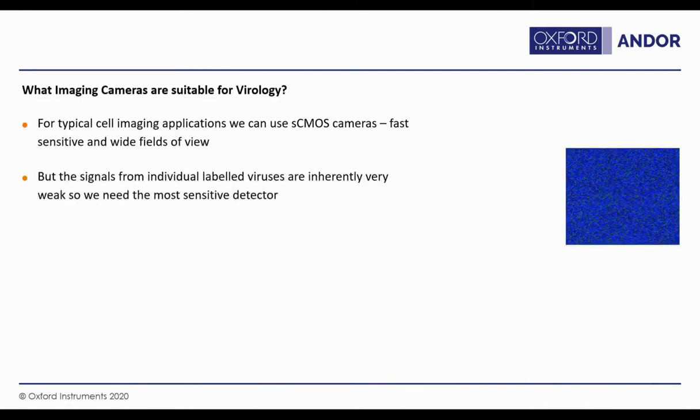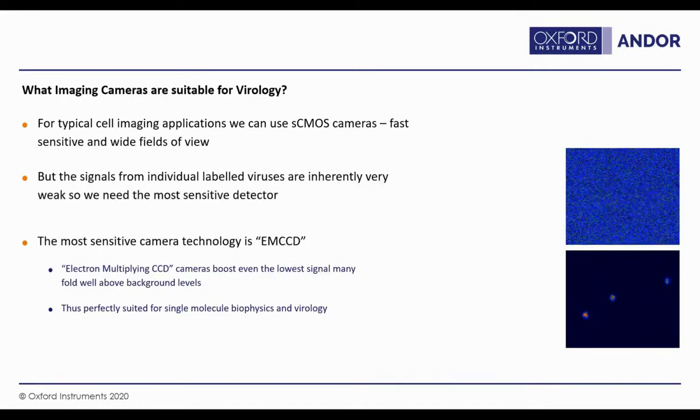But whenever we start looking at experiments where we're trying to look at individual virus particles and how they interact with intracellular structures and features within the cell, for example, the signals involved are inherently very weak, so we need to get the most sensitive detector that we can. The most sensitive cameras available are what's called EMCCD technology cameras.